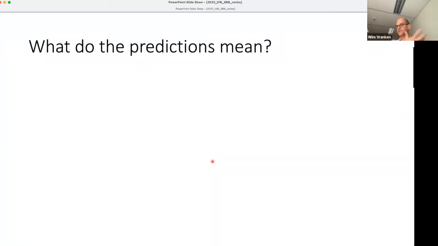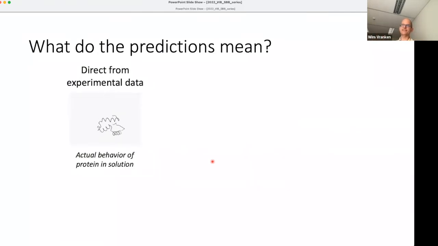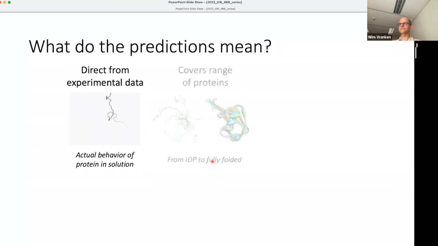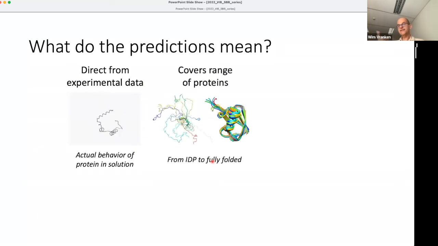This is also important. Which data do you use, and then what do you see in the predictions in the end? So this came directly from experimental data. So it represents to some extent the actual behavior of a protein in solution. If there are loops flapping about or there's partial unfolding, the chemical shifts will capture this somehow. It also, and this is a very important point, covers the whole range of proteins.